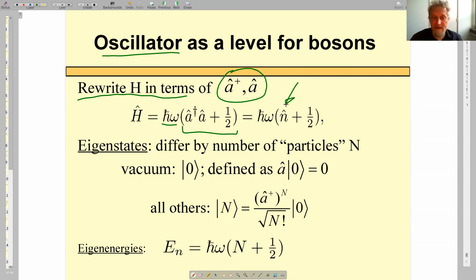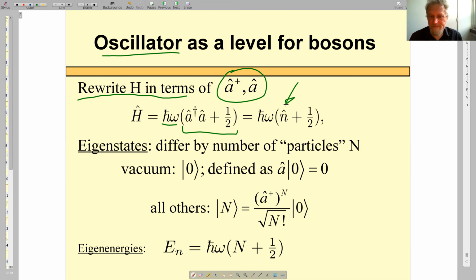As for any system of particles, there is a special state in this situation, a special state: vacuum. Vacuum cannot be defined as empty space.